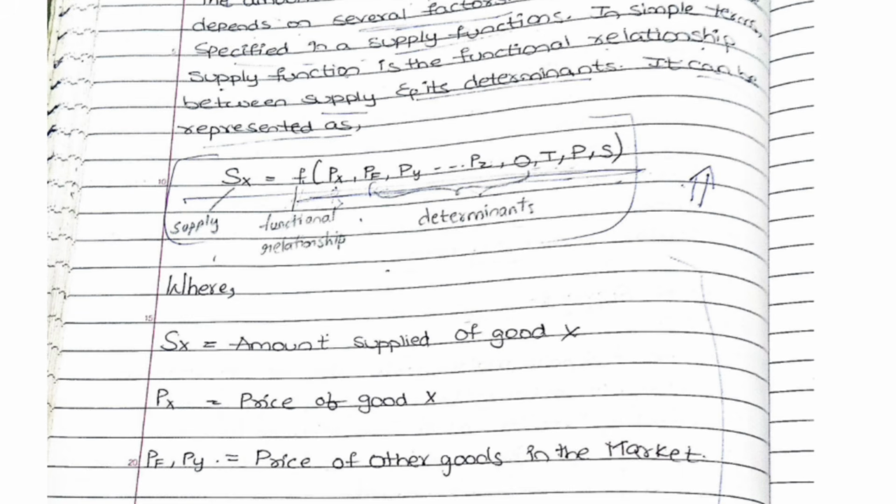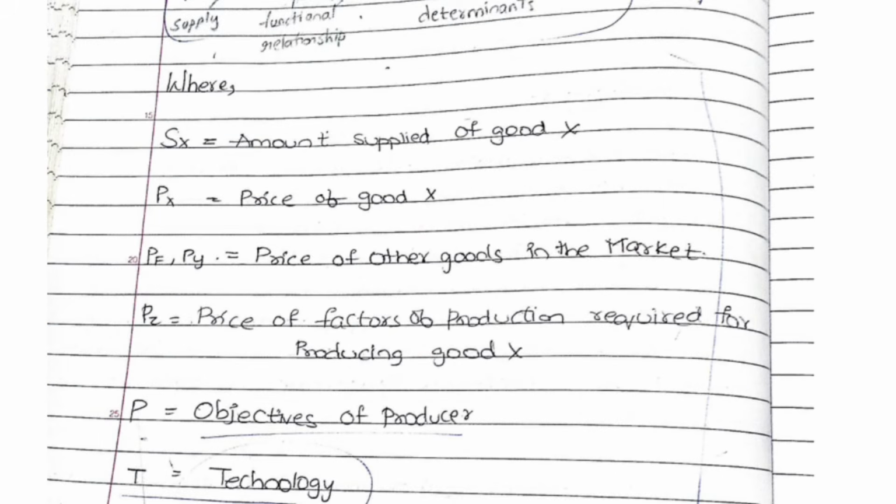Sx is nothing but the supply of good x. Px is the price of good x. Pf, Py are the prices of other goods.